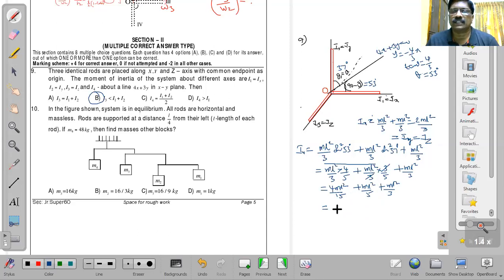Or you take total LCM. 15 is the LCM. Then 4 ml square plus 3 ml square plus 5 ml square. When you simplify them, you will get 12 ml square by 15.